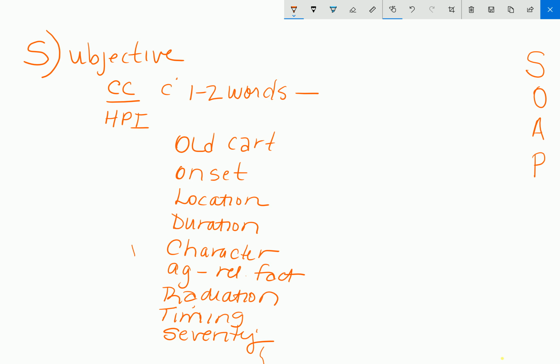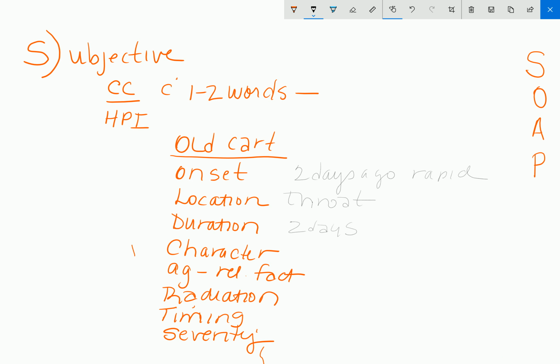So using this Old CARTS mnemonic, let's do something simple for a sore throat. So we can say that the patient has a sore throat that began 2 days ago. And we know it's the throat. Was it a rapid onset, or did it come on gradually?